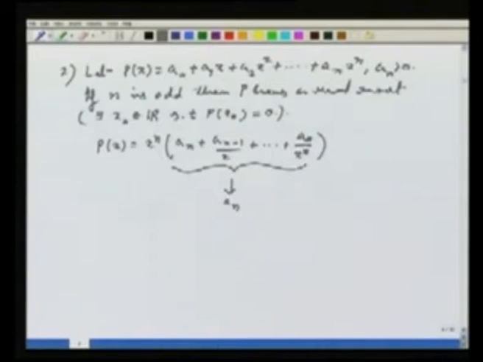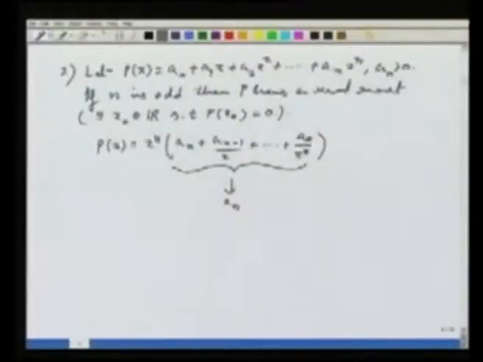So you expect that the underlying portion converges to an, which is positive. Now since n is odd, if I take x positive, then anyway x to the power n is positive, but if I take x negative, then x to the power n is negative.